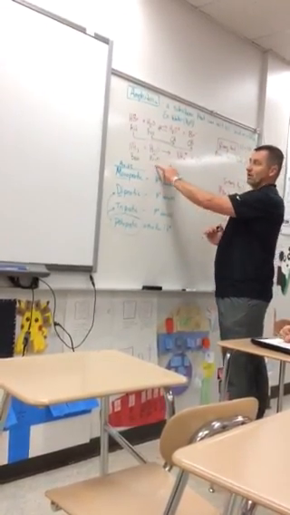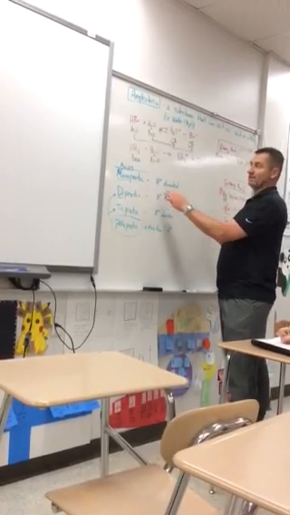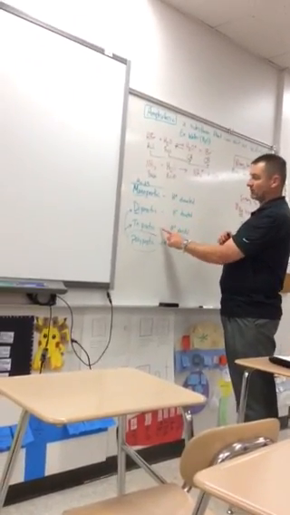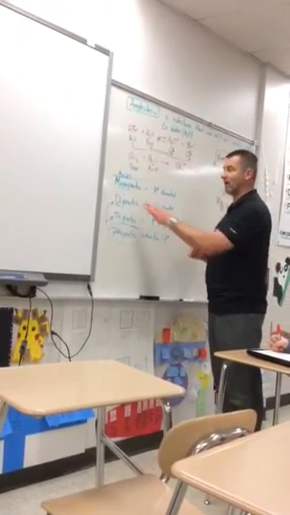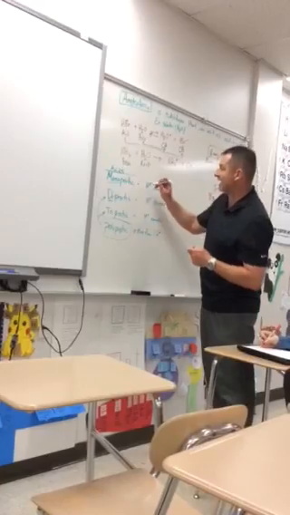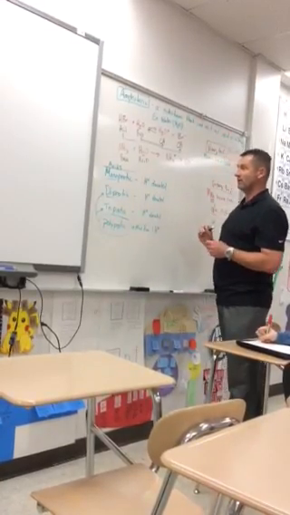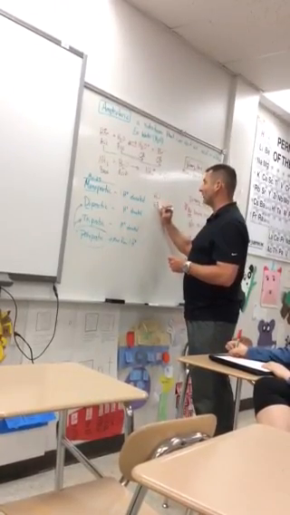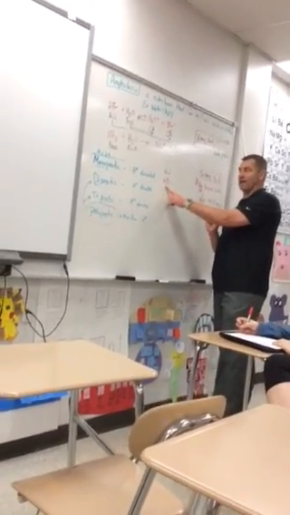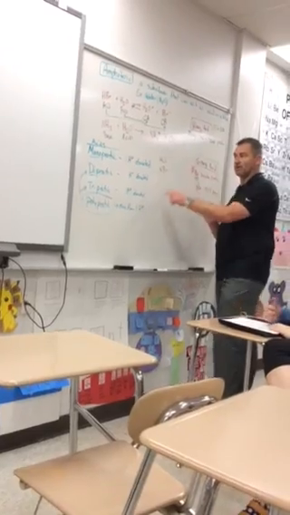All right, so the last thing with these is monoprotic, diprotic, and triprotic acids. A monoprotic acid, mono meaning one, is any acid that has one hydrogen. So anything like HCl, HBr, those are all monoprotic acids because they have one hydrogen.